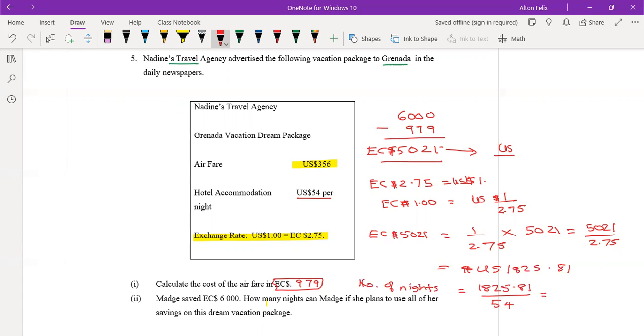Let's call up the calculator. Perhaps that 1 cent can make a difference right there. So let's put 1825.82 divided by 54.